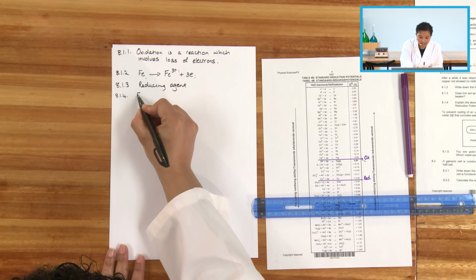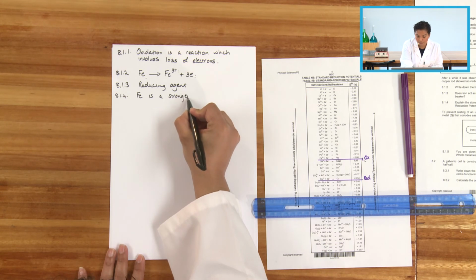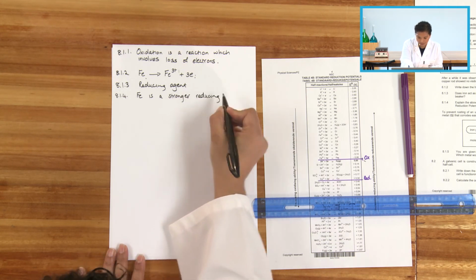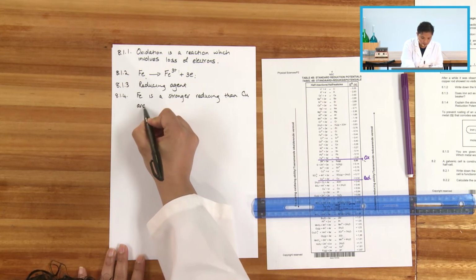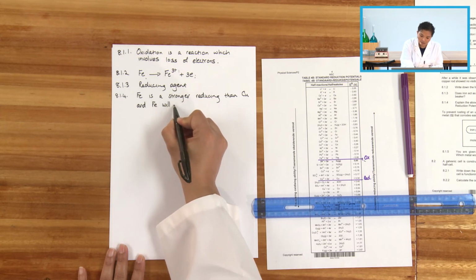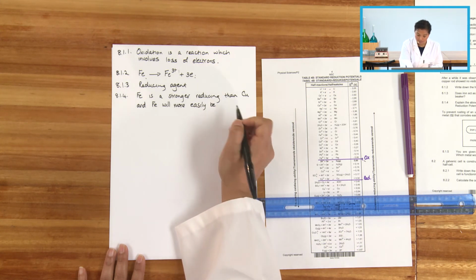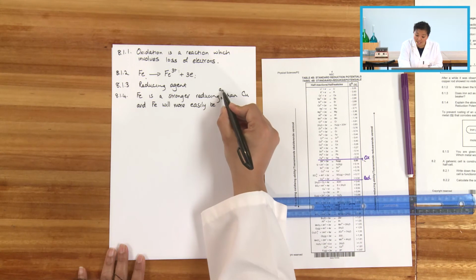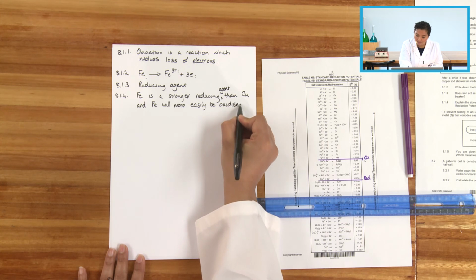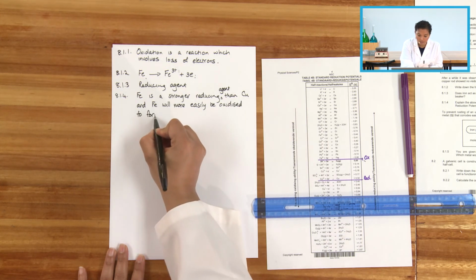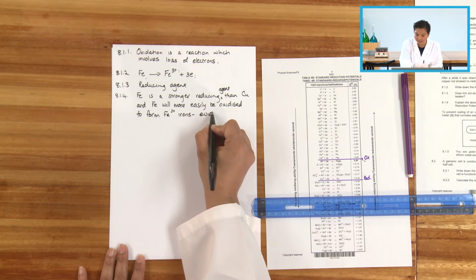So iron is a stronger reducing agent than copper, and iron will then more easily be oxidized to form iron 3 plus ions, evident as rust.